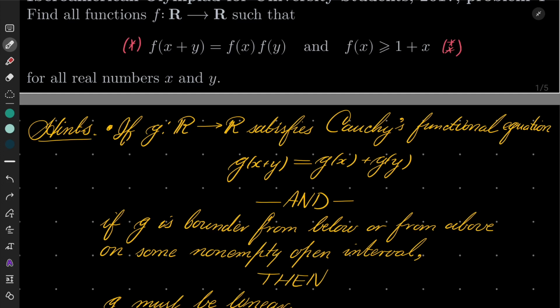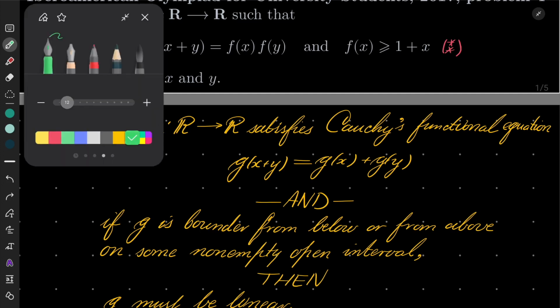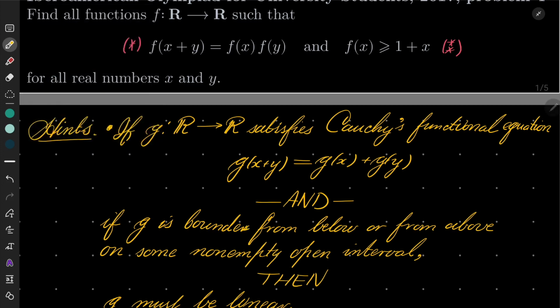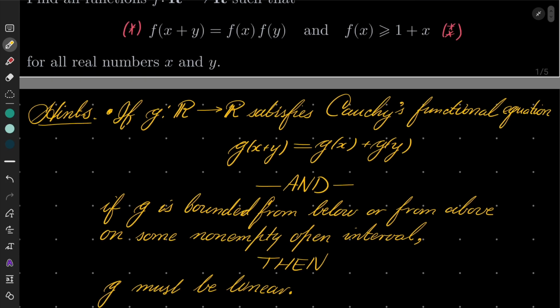Recall the following fact: if some function g satisfies the Cauchy functional equation, that is g of x plus y equals g of x plus g of y, and furthermore, one rather weak condition, if g is bounded from below or from above on at least one non-empty open interval, then function g must be linear.